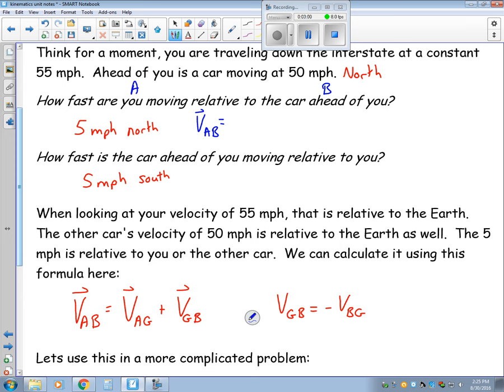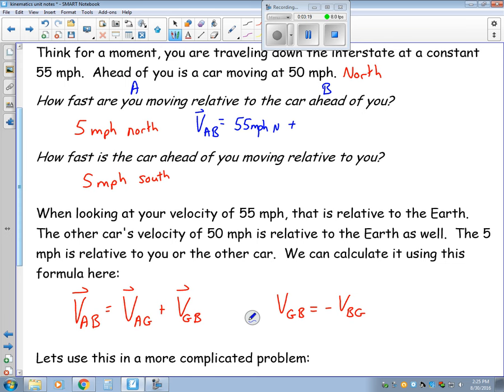Well, that's 55 miles per hour, and that's to the north. Plus the ground versus object B. This is where we have to think.